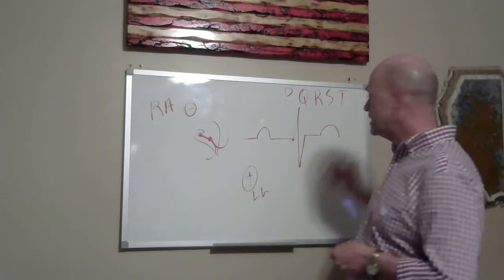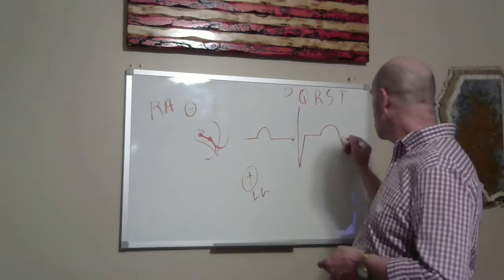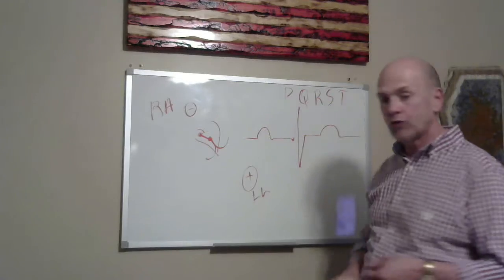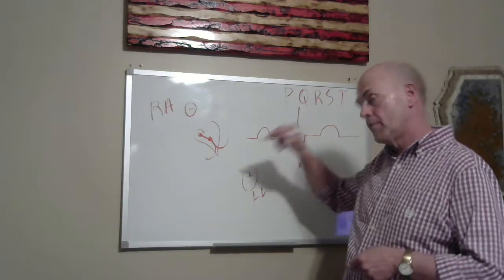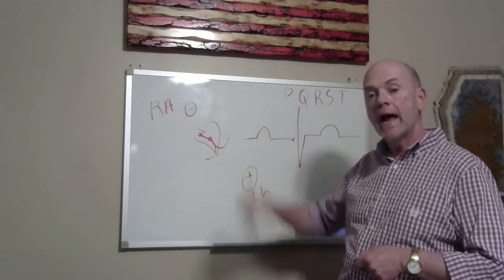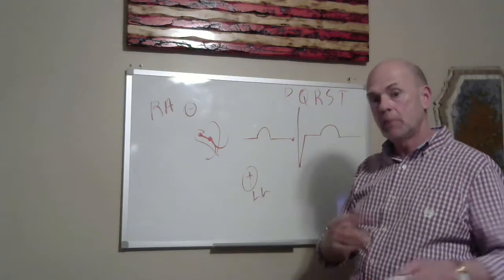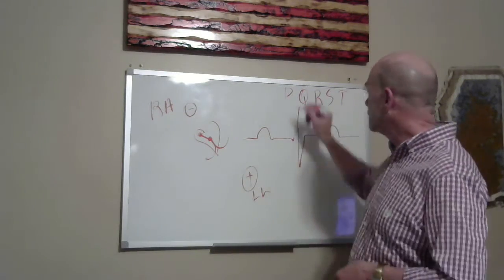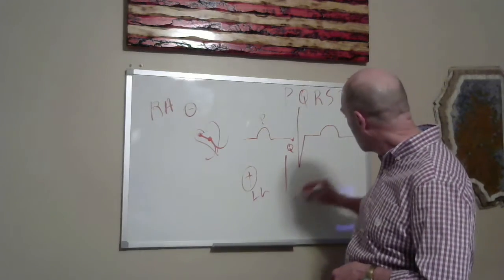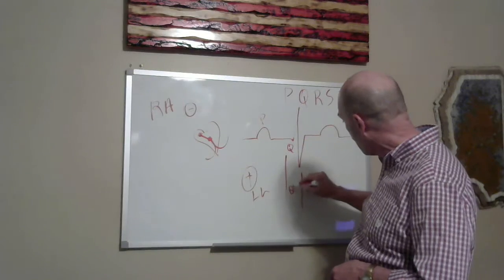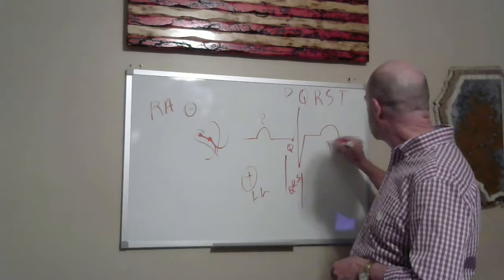The T wave is ventricular repolarization, and we're back on the isoelectric line, the beginning for the next atrial stimulation, the next P wave. So we got a P wave here, a Q wave here. This entire complex is a QRS, and then this is a T wave.